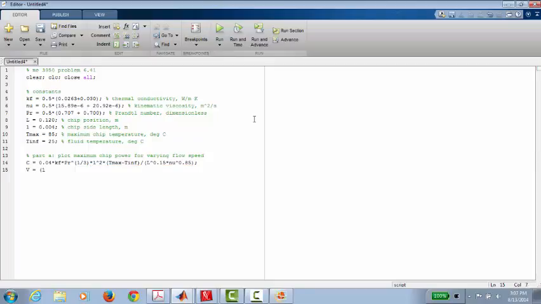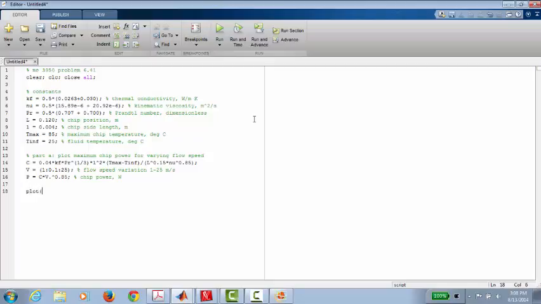We start at 1 meter per second, vary it by 0.1 meters per second, and end up at 25. In MATLAB, it's easy to work with this since we have a vector, v. We use the dot and then the hat symbol to take every element of v and raise it to the 0.85 power. This will allow us to obtain our chip power.